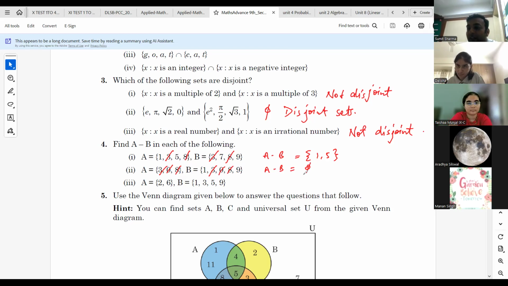So A minus B will become 5 because there is nothing remaining in the set A. Similarly, 2, 6, there is nothing common between A and B. So the whole set A will come here, 2 and 6, like this. I hope it's clear to everyone.